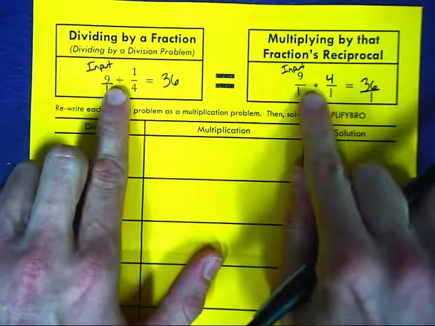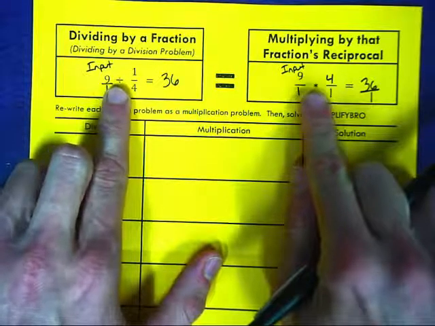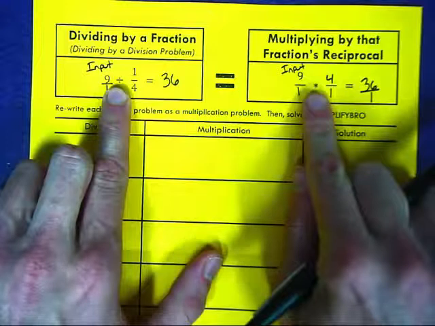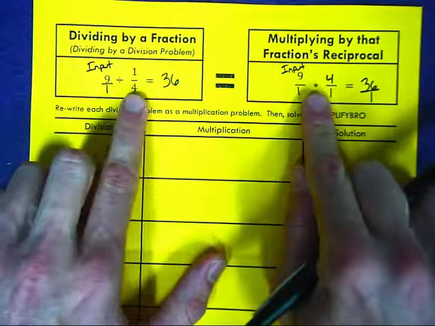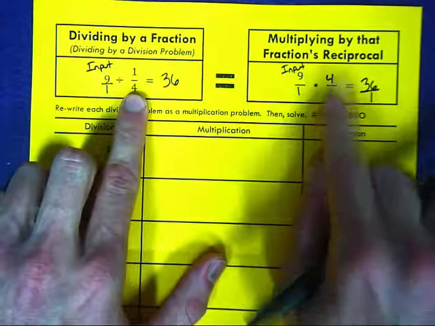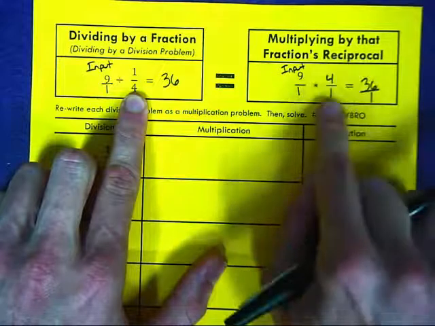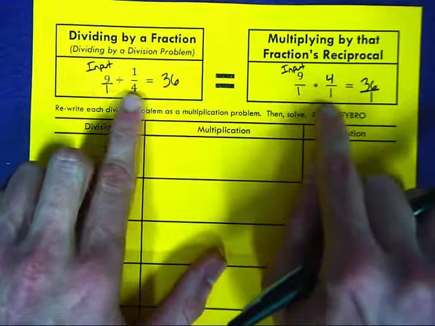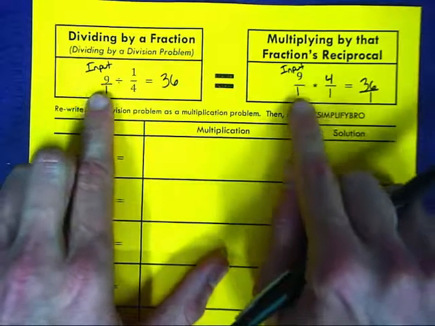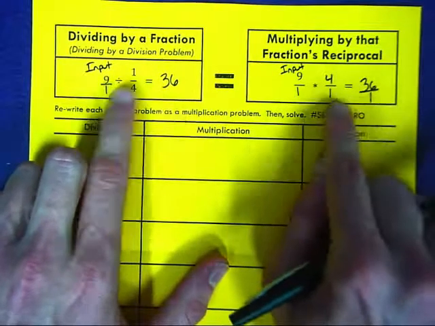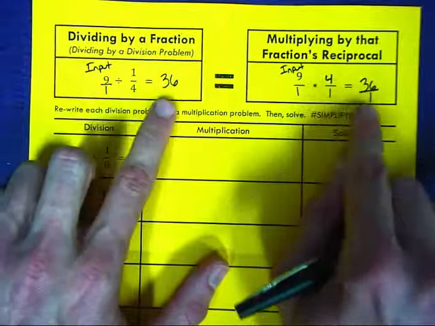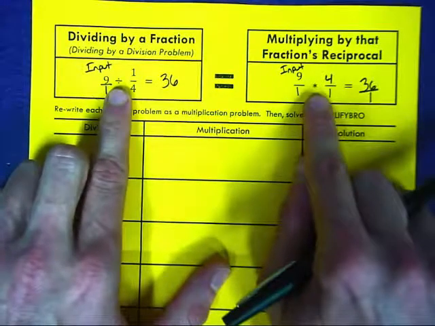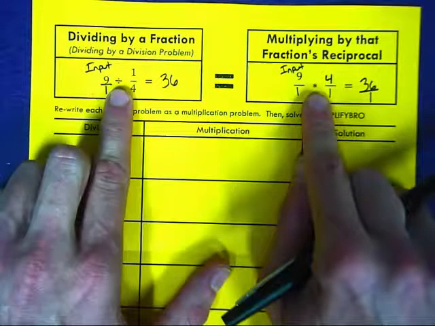I want you to look here and focus on the change. There are two things that are different. Here we divide, here we multiply. Here we have 1/4, here we have the reciprocal of 1/4, which is 4 over 1. We start in the same place, end in the same place, and get the same answer. We're just taking the division and flipping it to multiplication.